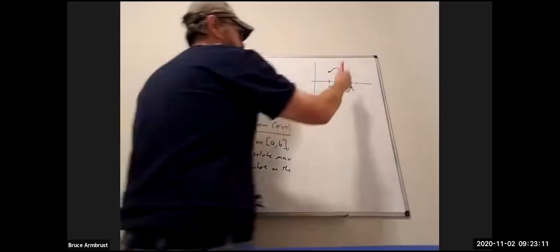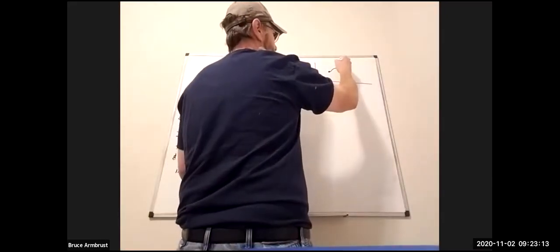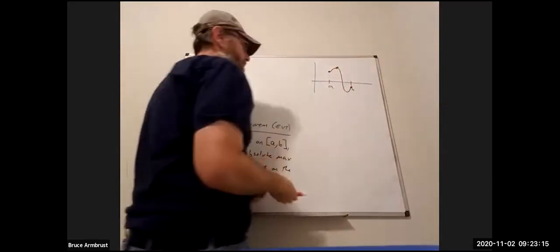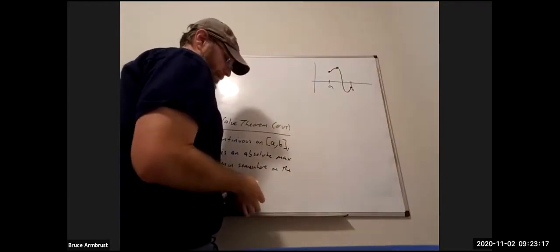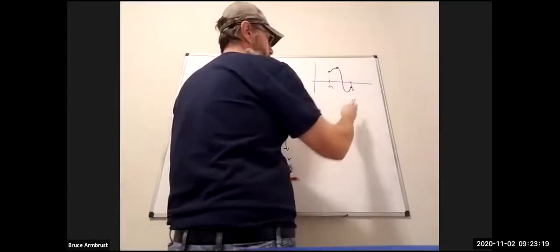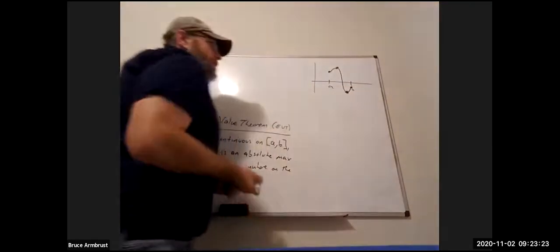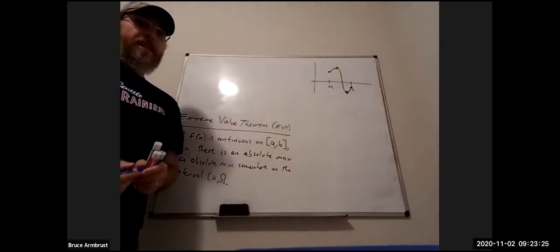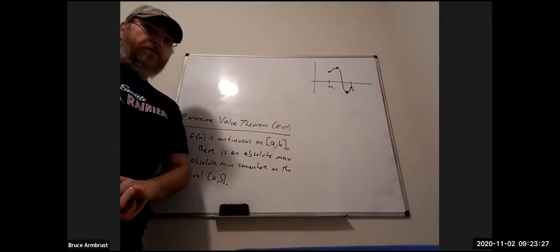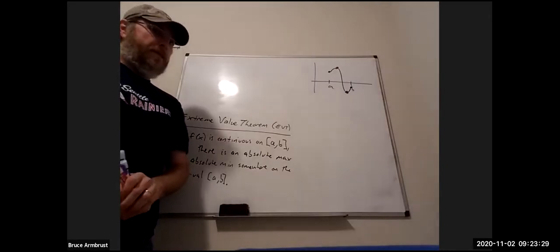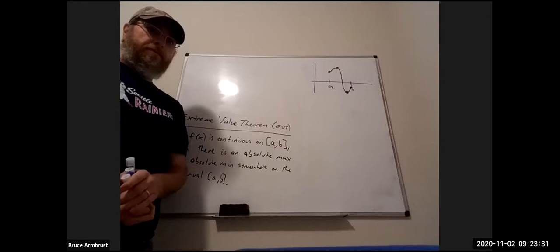The absolute max is right here. I'll use red for my max. And then there's an absolute min. I'll use blue for that. Down there. But there is a largest value and a smallest value somewhere on that interval.